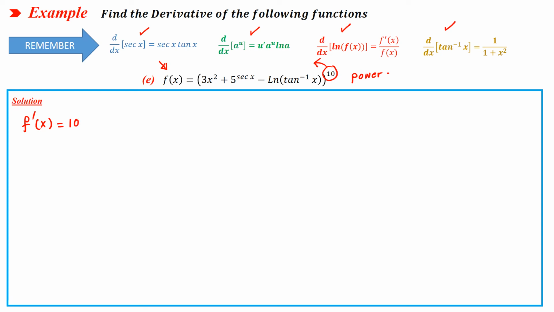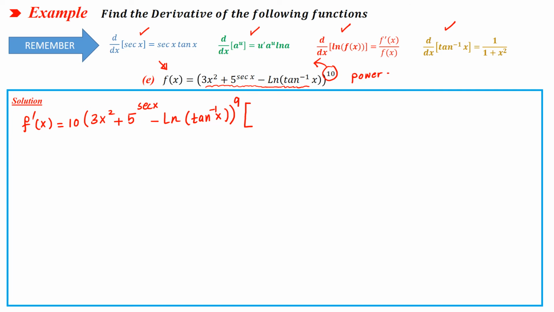So 10 multiplied by the same bracket, we have 3x squared plus 5 to the secant x minus ln tan inverse of x. Now you have to subtract 1 from the exponent and you'll get 9. Then you have to deal with the inside function inside the bracket, and you have to find the derivative of the inside function. So open bracket again.